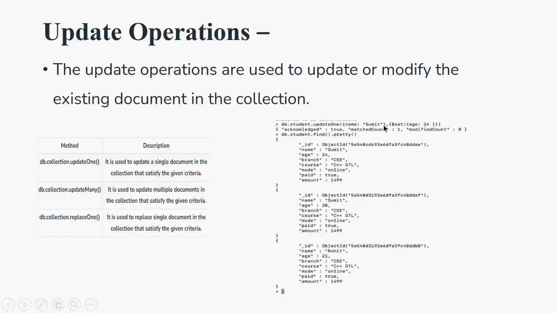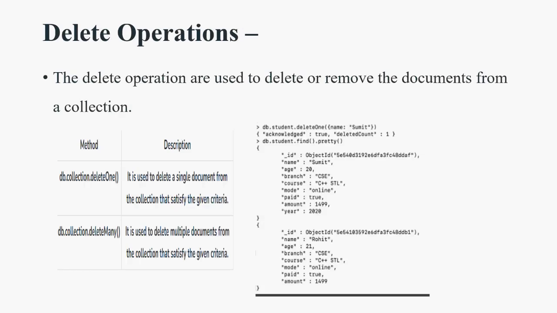You can relate this to the update query of SQL, where we write update something where age equal to 24. You are trying to update a row in a table, where you give a condition so that not every age is changed. Only Sumit's age is going to be changed. That is how the update works.